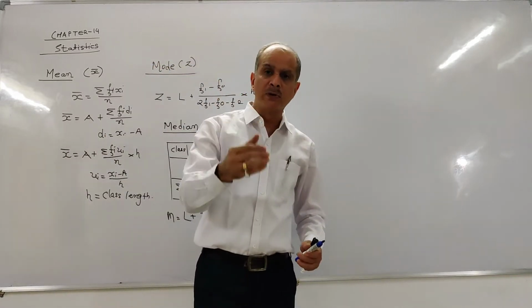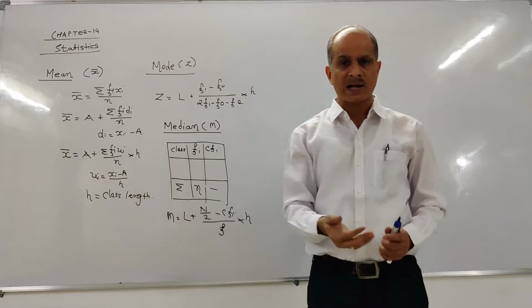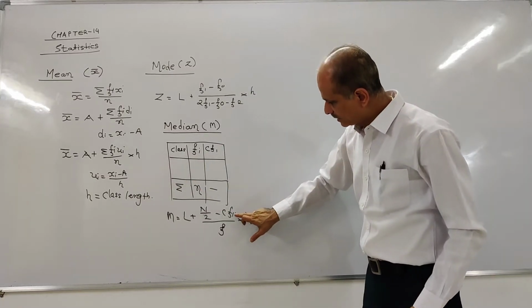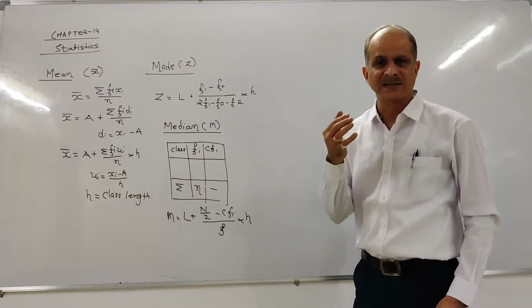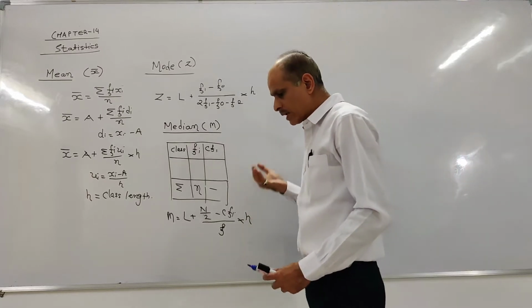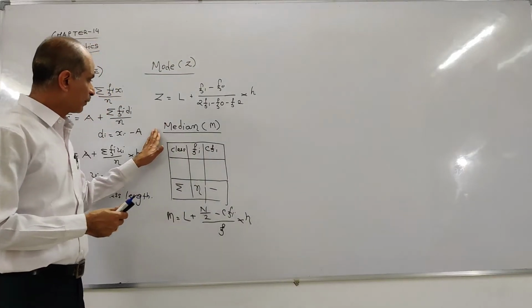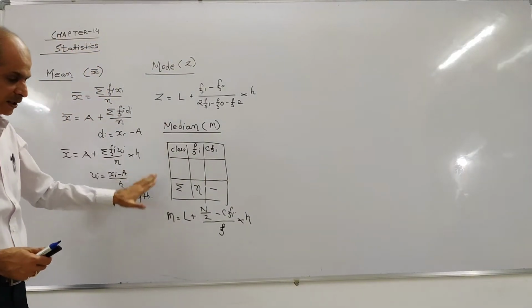And the cumulative frequency of the class previous to the median class is known as cf. And you know h means class length. So in this way you can also find the median of a data.